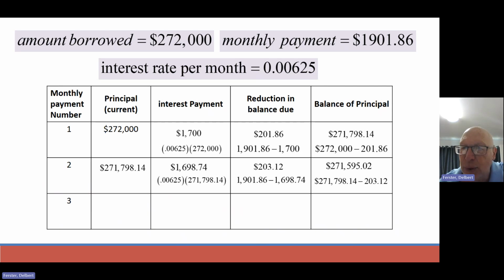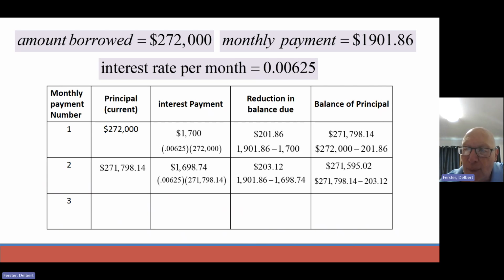So now he owes $271,595.02. Here's a sad but humbling statement. He sent these cats almost $4,000, and he has diminished the amount he owes by approximately, I'm sorry, approximately $400.